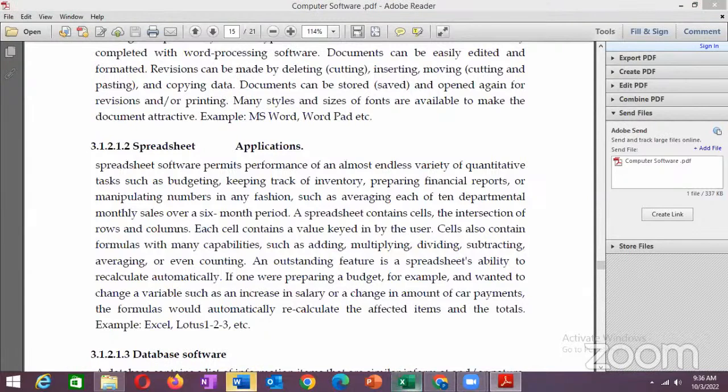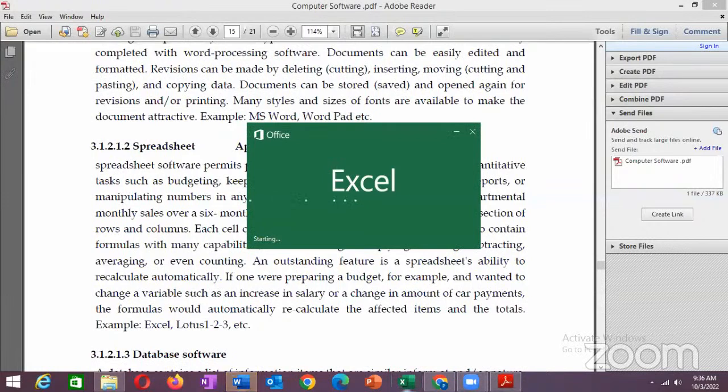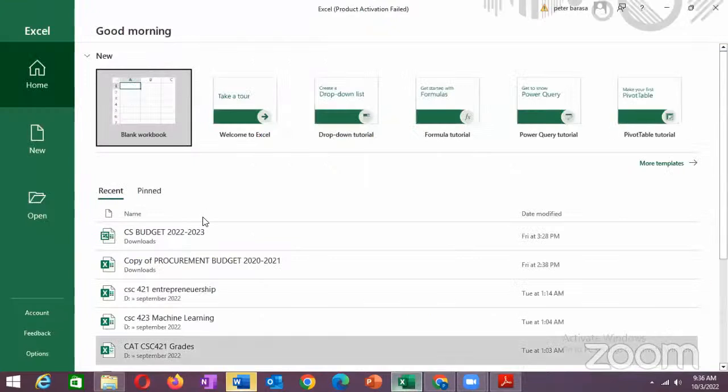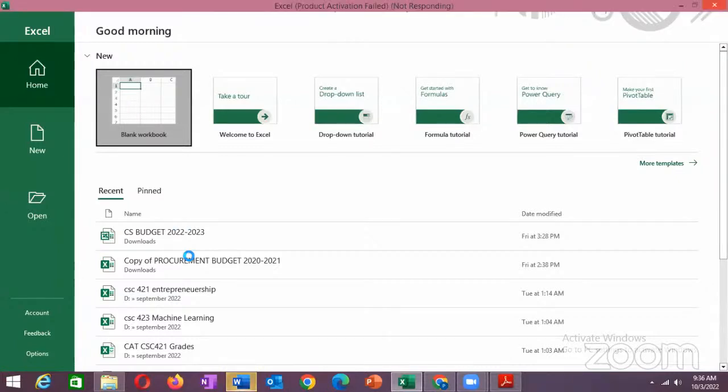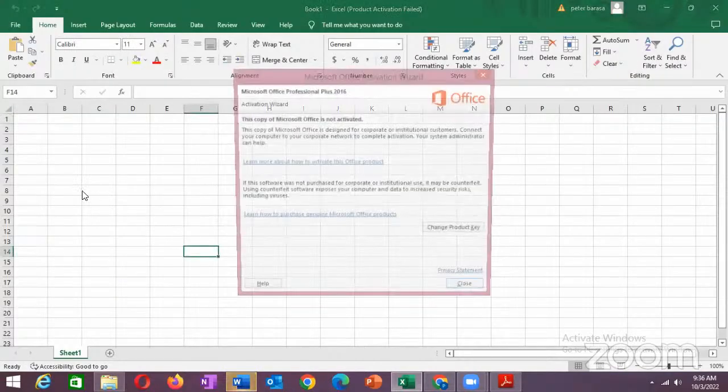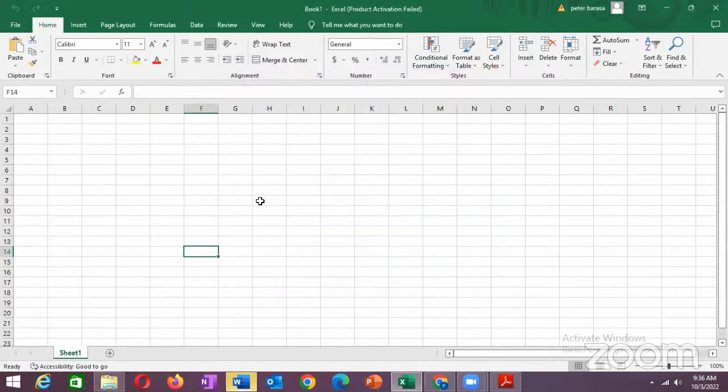I can show you what a spreadsheet is. We have MS Excel, Microsoft Excel, as an example. It is here, you can see it's loading. So this is an example of a spreadsheet. Once you open it, here you can type in numbers.